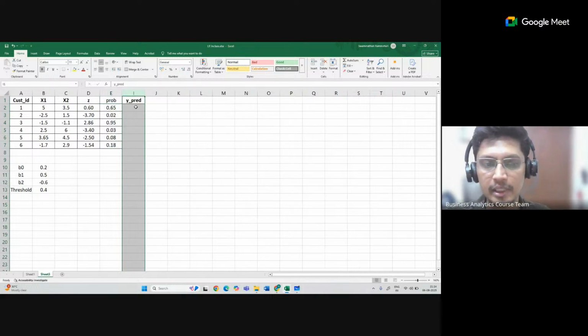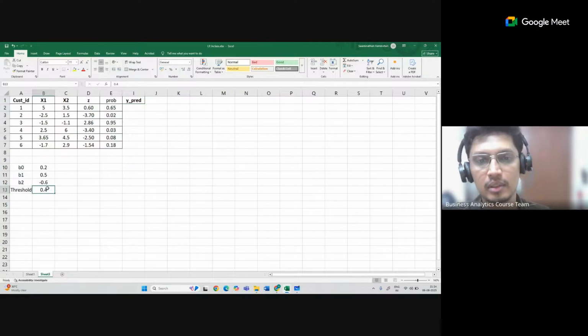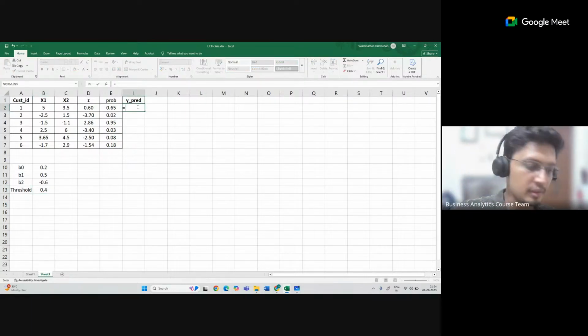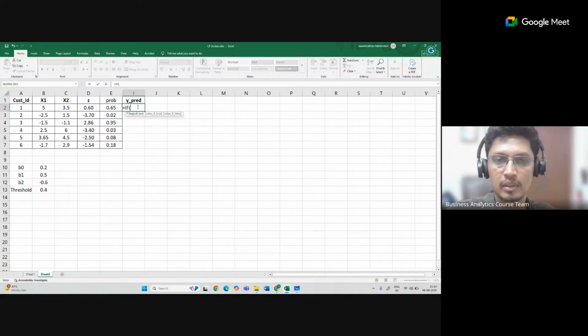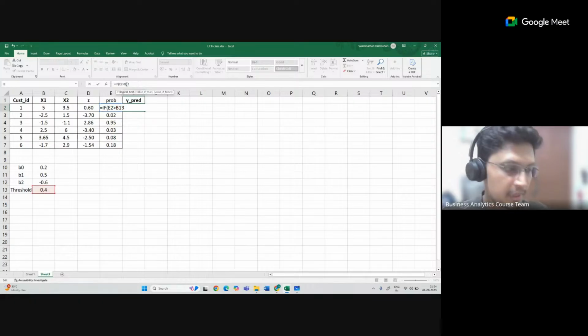What will you do with probabilities when you have a threshold? If this is greater than this threshold, which is 0.4, let me reference this, then you call it 1, else 0.